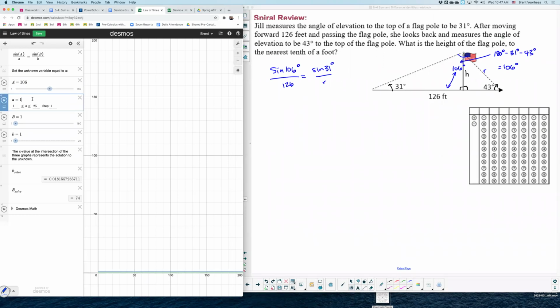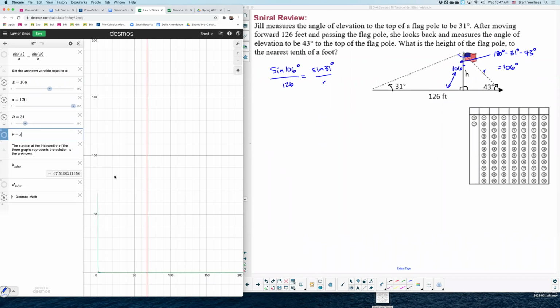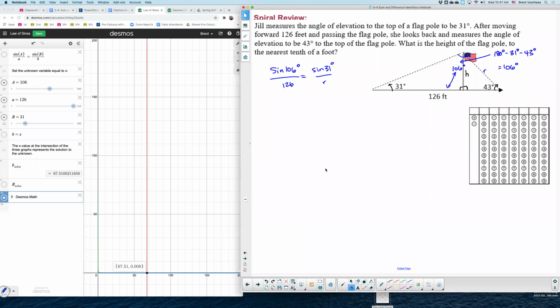So angle A is 106. The length is 126. Angle B is 31. Side length B is unknown. This says the answer is going to be 67.51.